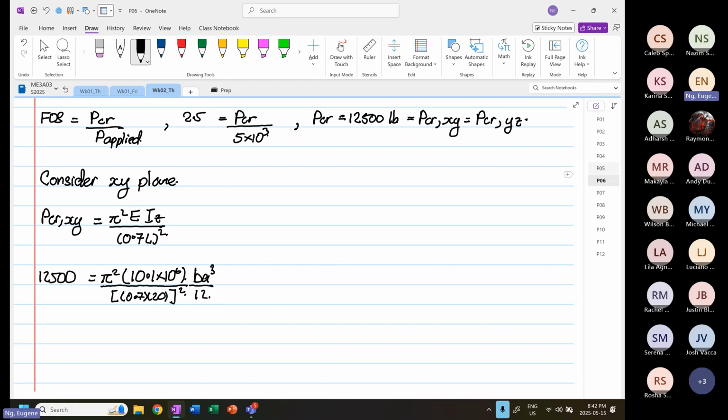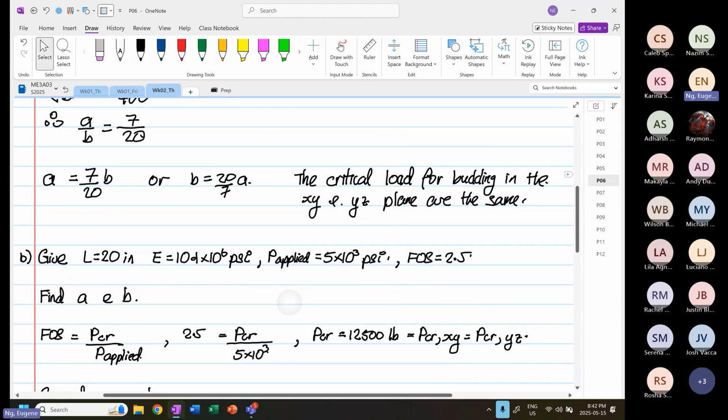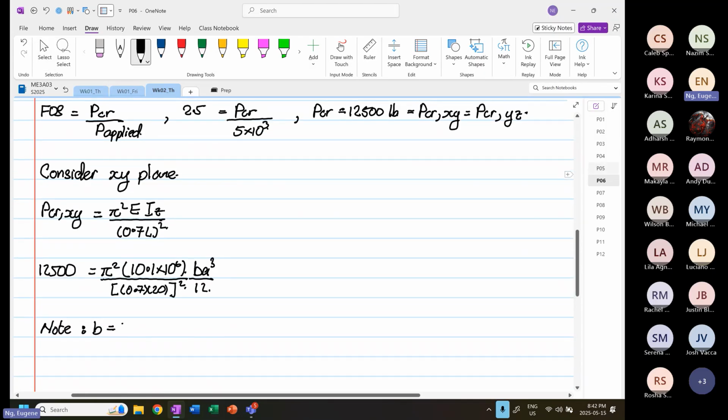We can also note that B is equal to 20A over 7.